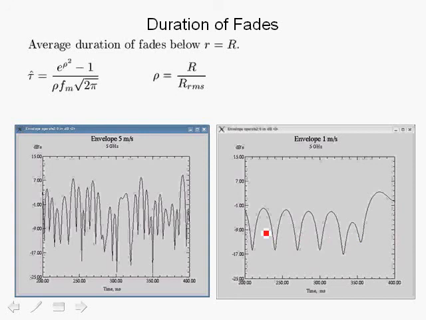You will notice that when we're moving slower, we spend more time below a certain level than when we're moving at a higher velocity. Of course, you actually have to plot this as a function of the parameter rho, which is the ratio of the level divided by the RMS of the level, to really see the various regions.